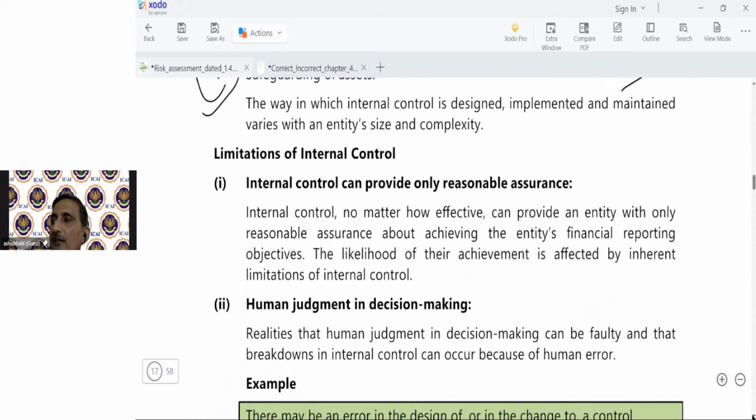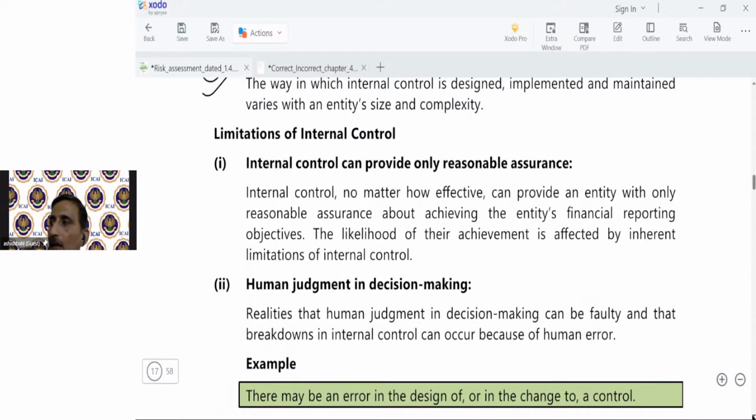Now limitations of internal control. Again, Kiran Shukla, if you remember the definition clearly, say before the exam you just had a glance at limitations of internal control, but you had no time while revising, say you do not have much time in one holiday, so you skipped that topic while quickly going through the pages of your module, and the question comes in your exam on the limitations of internal control.